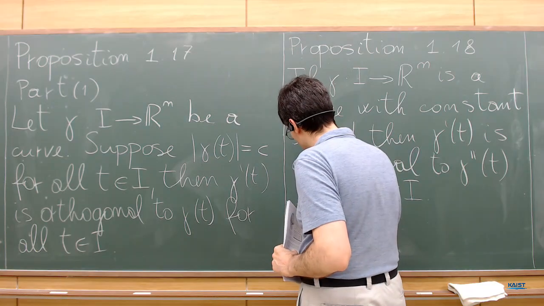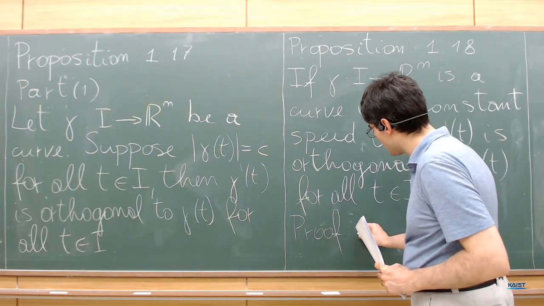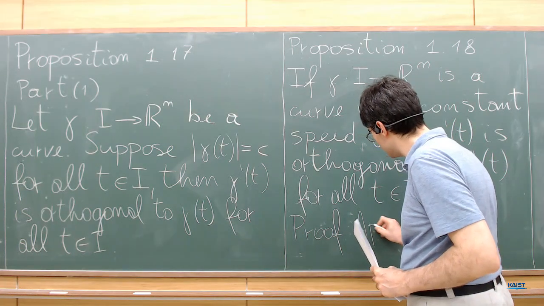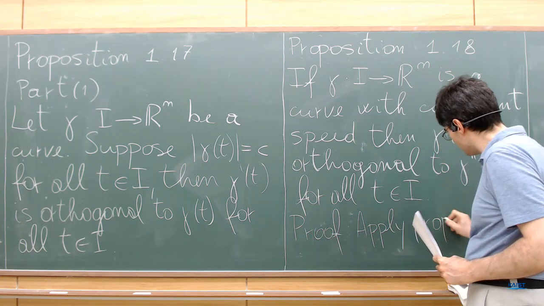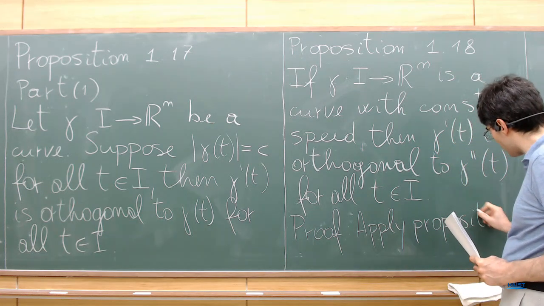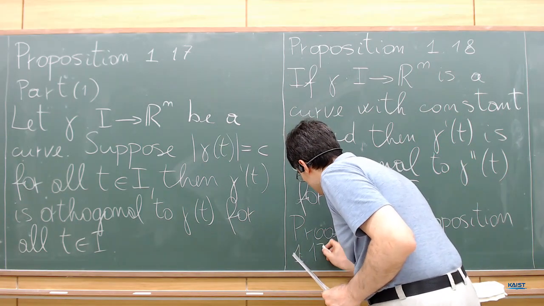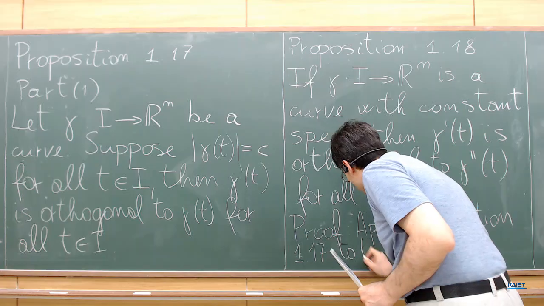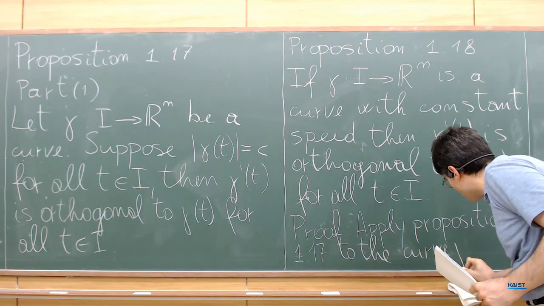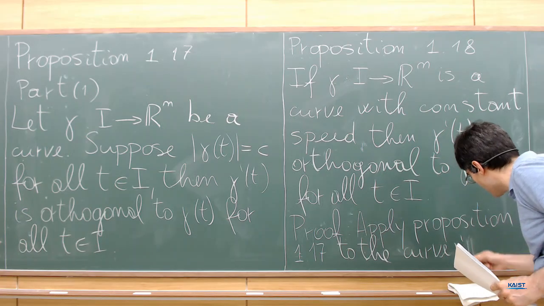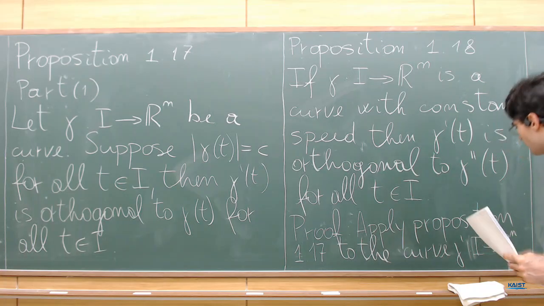Very easy. Apply Proposition 1.17 to the curve gamma prime defined on I with values in Rn. Why?